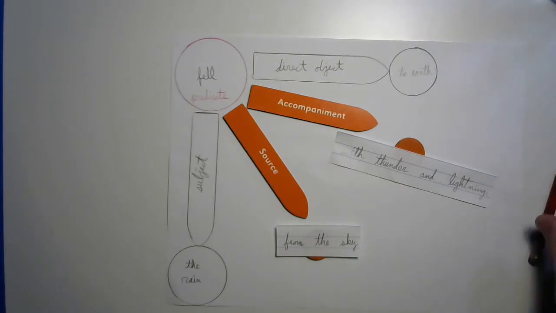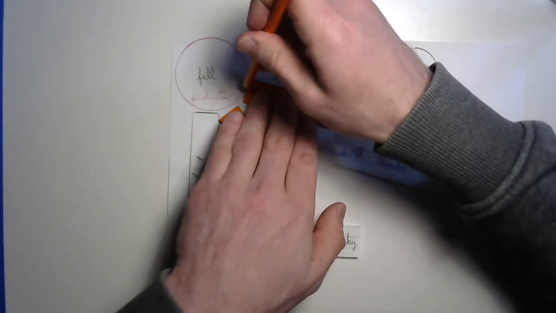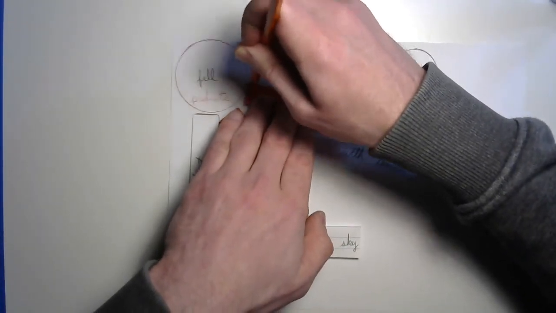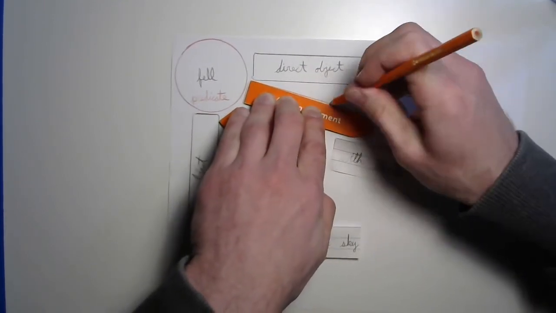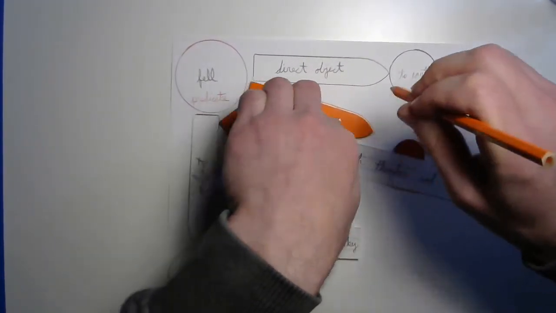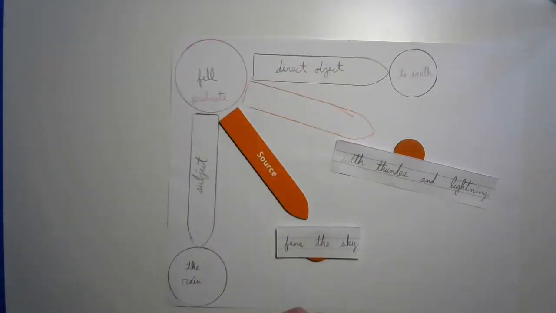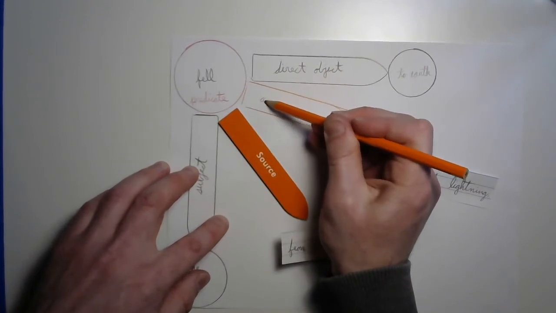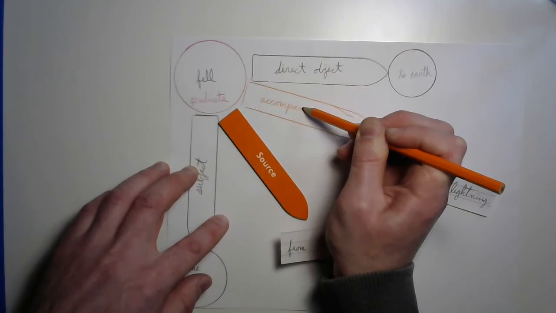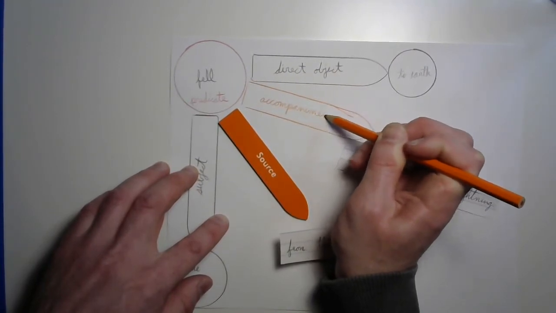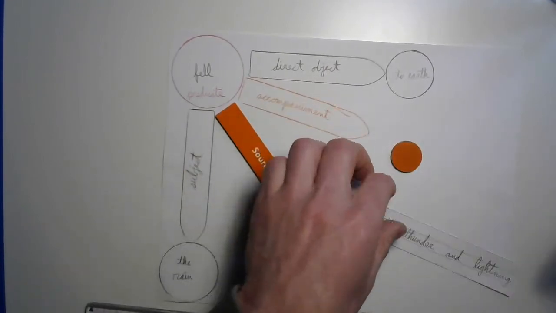Okay, now I'm going to grab my orange colored pencil to get this adverbial extension of accompaniment in here. All the way around. Whoops. Back to the box and accompaniment, because the rain was accompanied with thunder and lightning.